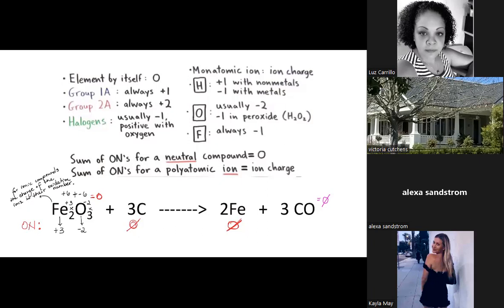Excellent. So -2. In here, we only have one oxygen, because it has a subscript of 1. So that means that -2 times 1 is -2. We also have one carbon. So what is the oxidation number of carbon in the context of carbon monoxide? Because it needs to equal 0.